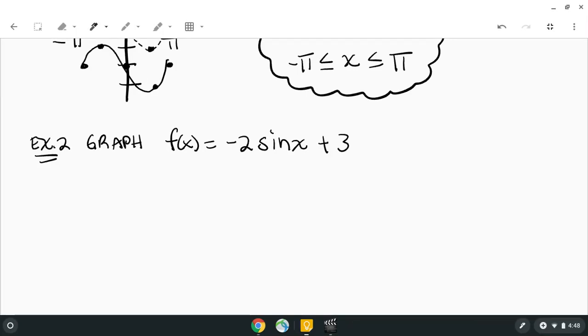Okay, so let's go ahead and graph negative 2 times sine x plus 3. So here, the only thing inside of sine is x. So your endpoints are not going to change. They're still going to be 0 to 2 pi.